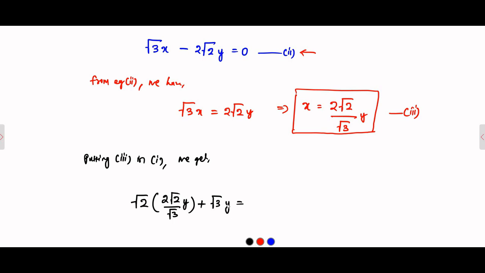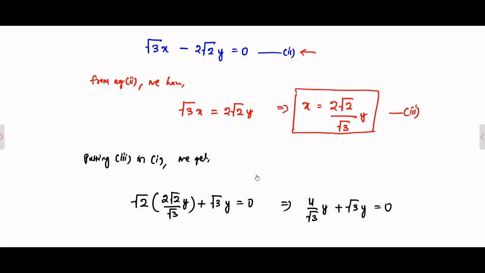We have substituted this in equation 1. So that implies we have 4 by root 3 y plus root 3y is equal to 0.